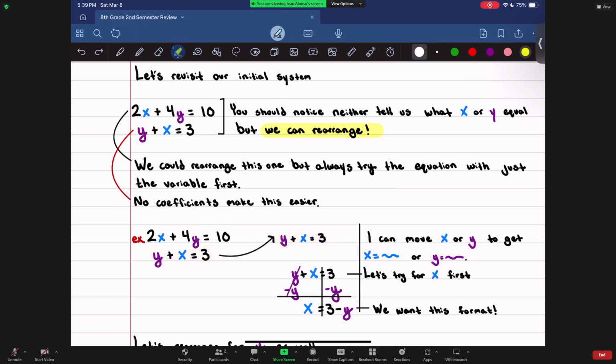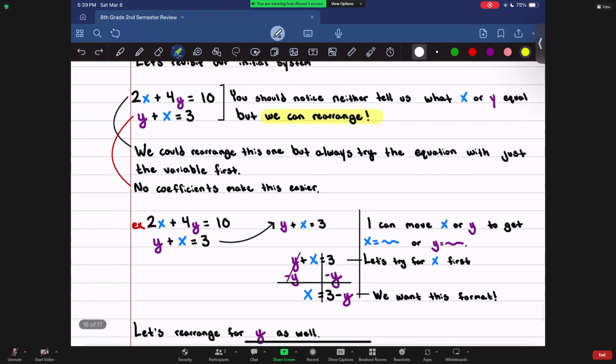So if you're confused on what I mean by rearrange, it's as simple as this. You set up as if you were going to solve, okay? I notice that I have a y and an x on this side, and that equals 3. So because I want to know what x is, I'm going to move my y by subtracting it. And obviously, whatever I do on one side, I have to do on the other. I subtract on this side, and I rearranged it, okay?